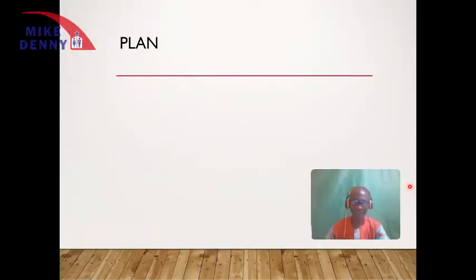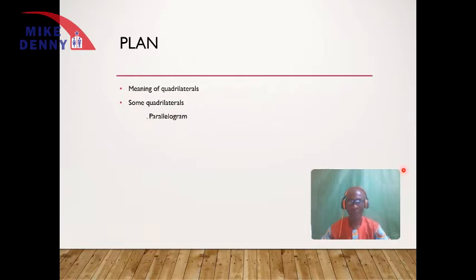We first look at our plan of action for today. So look at the meaning of quadrilaterals. We examine some of them to know parallelograms, rhombus, trapezium, rectangle, a square, then a kite.